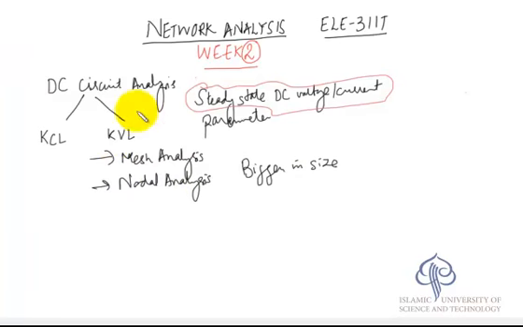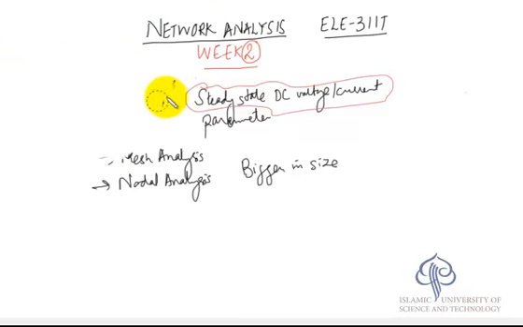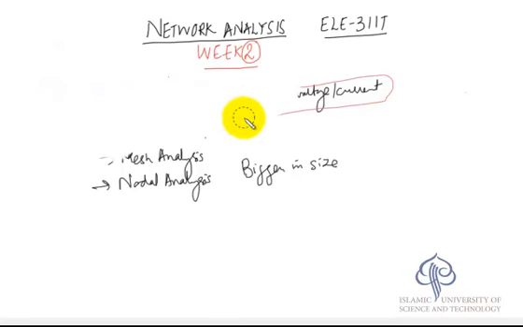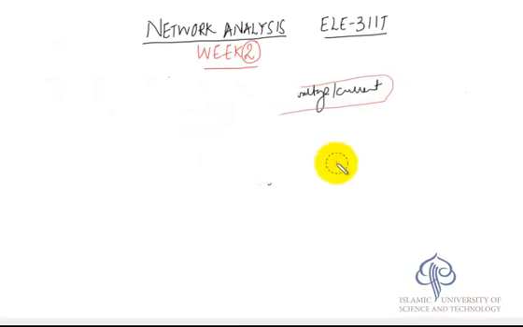Now in this course, we're not just interested in getting a particular DC steady state voltage or current parameter. We are basically interested in finding the transient behavior of the system as well.